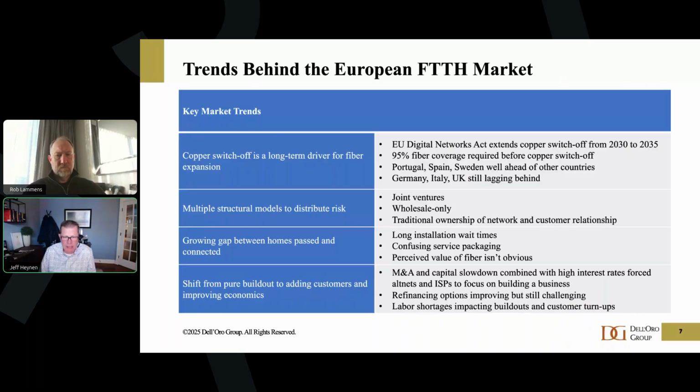What we're also seeing now, after 2022 and 2023, is the effort to continue to pass homes. But now operators are reaching a stage where it's becoming more difficult to actually connect those subscribers and convince them to make that transition to fiber. In some countries, it's a question of price.